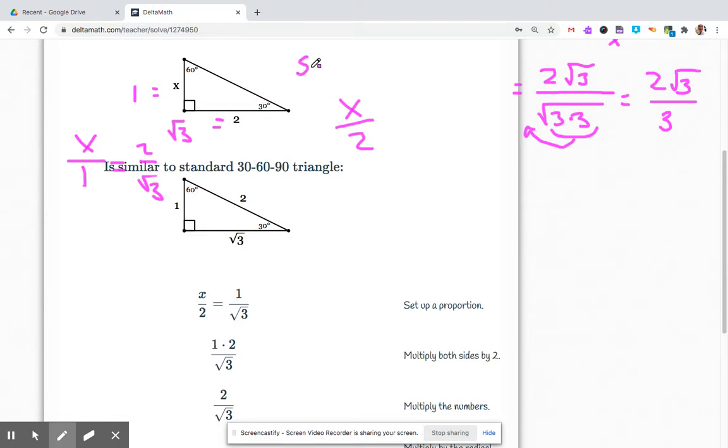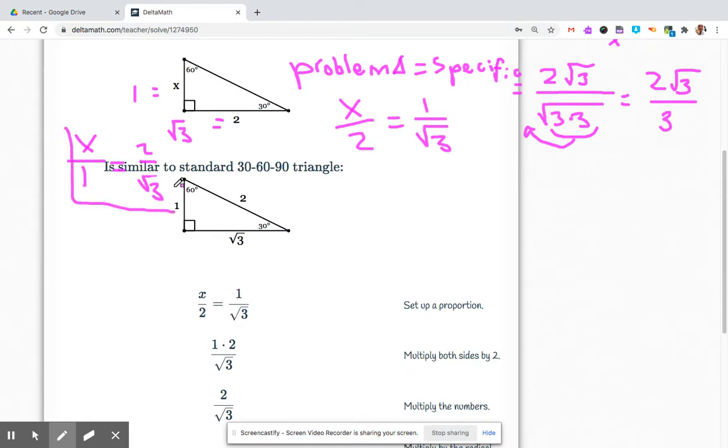So this is their problem triangle. It is proportional to the specific triangle. The specific triangle would be 1 to radical 3. Is that what they have? X over 2 equals 1 to radical 3.